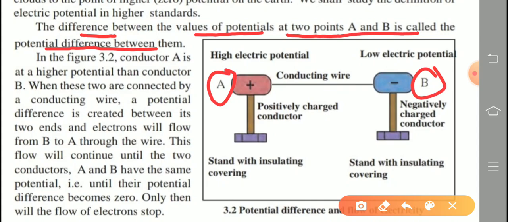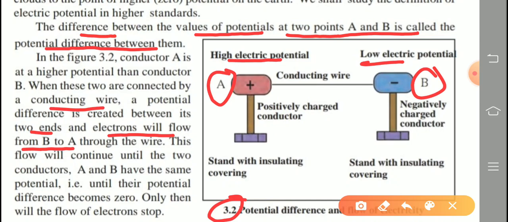In this figure 3.2, conductor A is at a higher potential than conductor B. Conductor B is at a lower electric potential. When these two are connected by a conducting wire, a metallic wire, a potential difference is created between its two ends, and electrons will flow from point B to A.